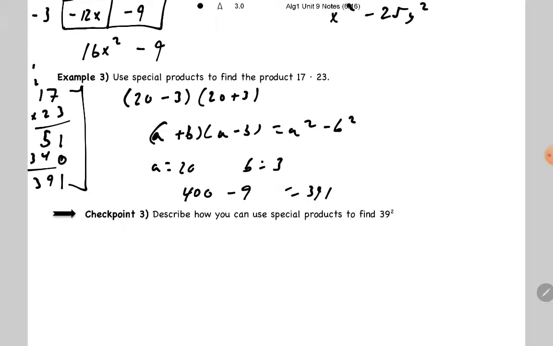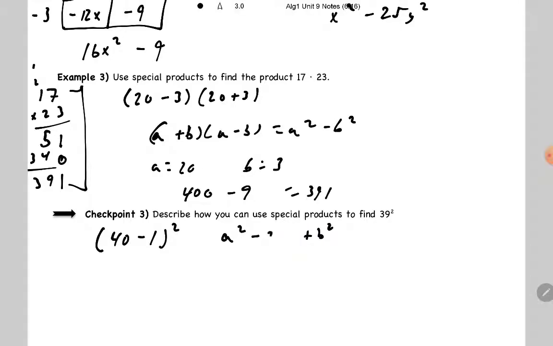So checkpoint 3. Describe how you can use special products to find 39 squared. So 39 times 39, we can change 39 into 40 minus 1 squared. And then we have a formula, a squared plus 2ab plus b squared. Or minus 2ab, right?